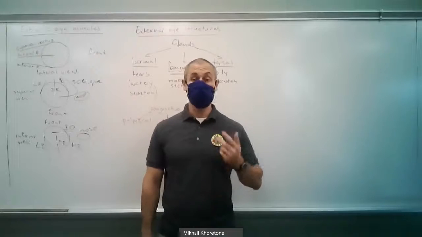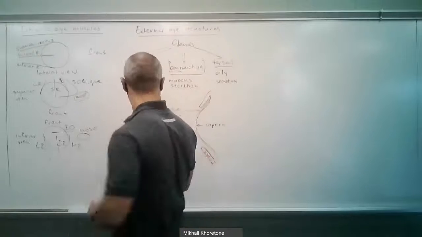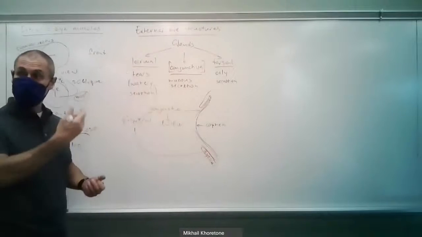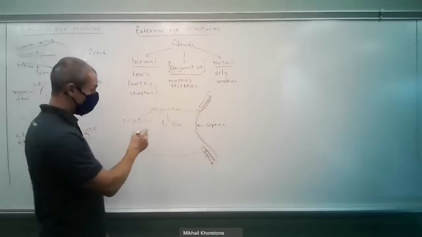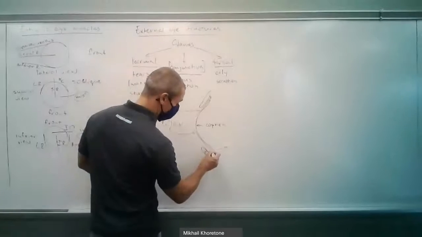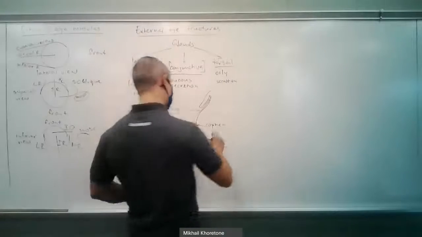That pink is palpebral conjunctiva that covers the eyelid from the inside. A bulbar conjunctiva covers your eyeball. Now, do you see this space between palpebral and bulbar conjunctiva? This is called the conjunctival sac.